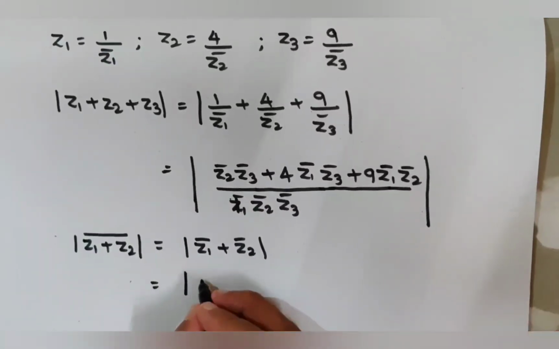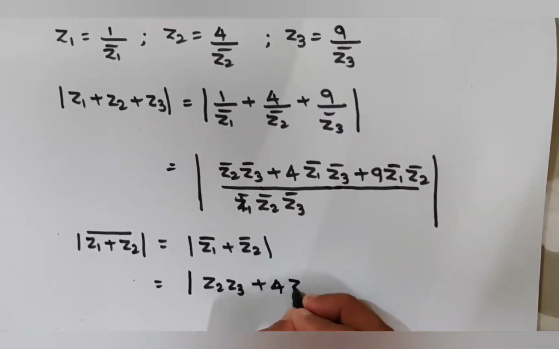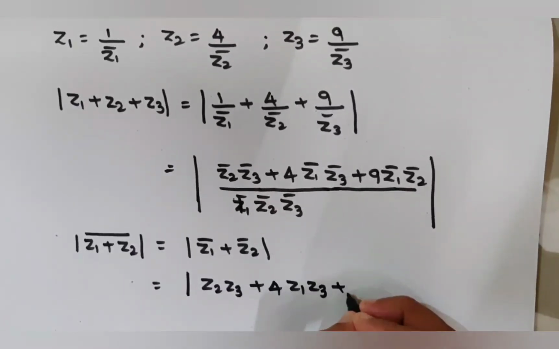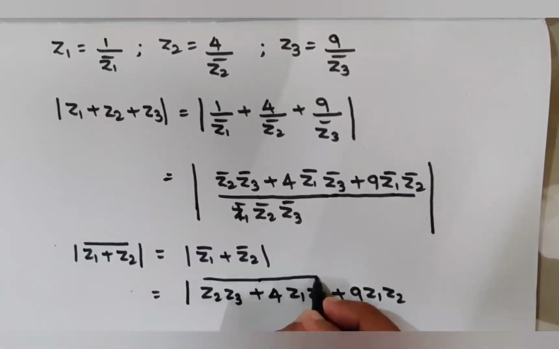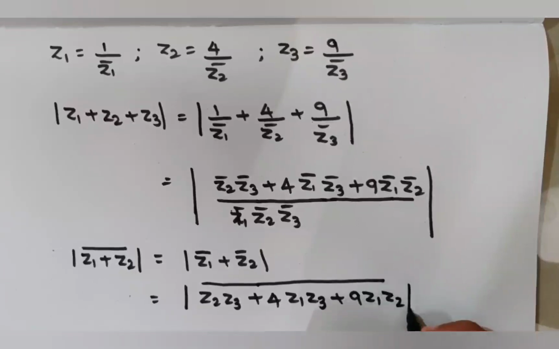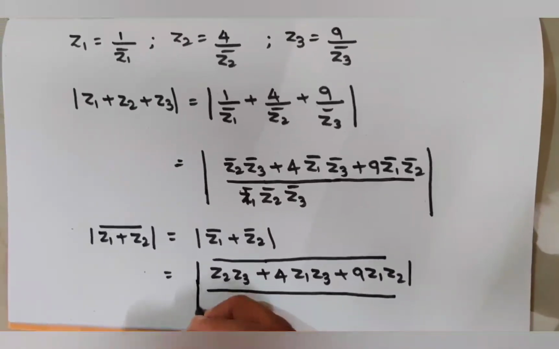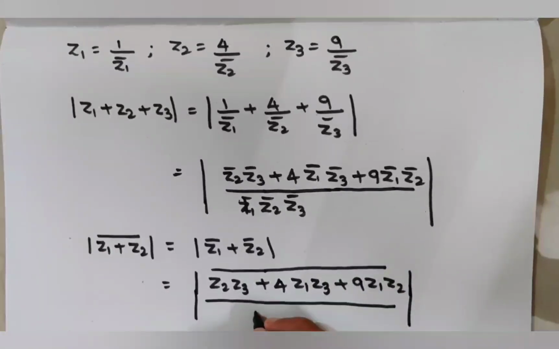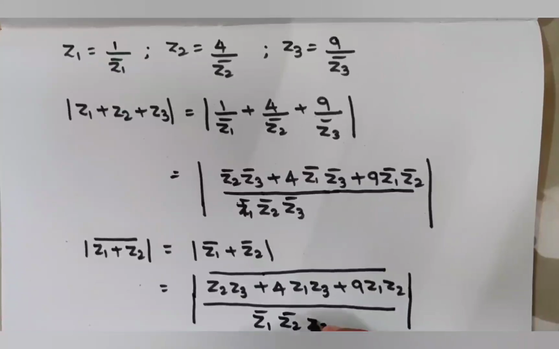So modulus of z2 z3 plus 4 z1 z3 plus 9 z1 z2, the whole conjugate, divided by z1 bar, z2 bar, z3 bar.